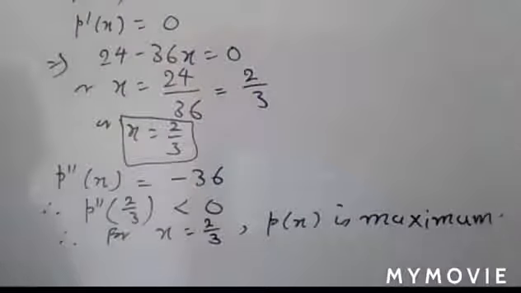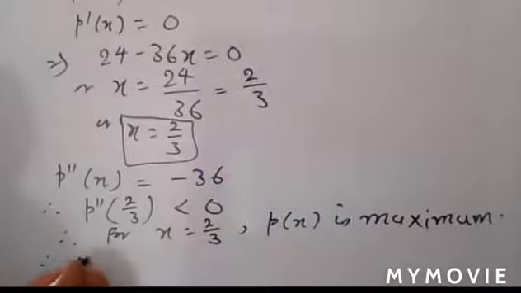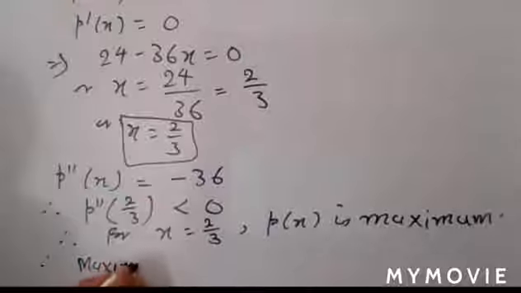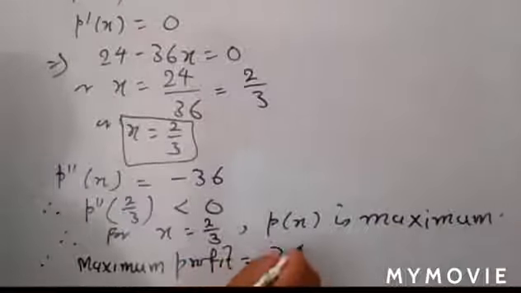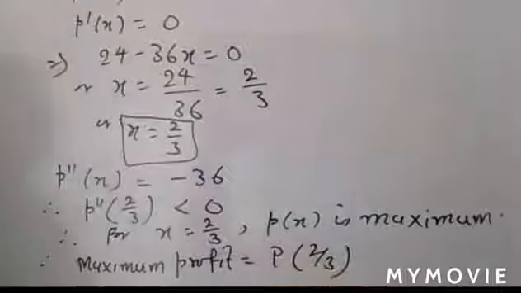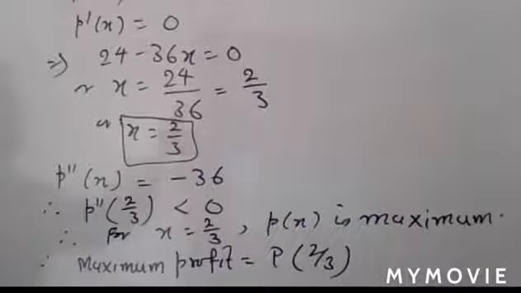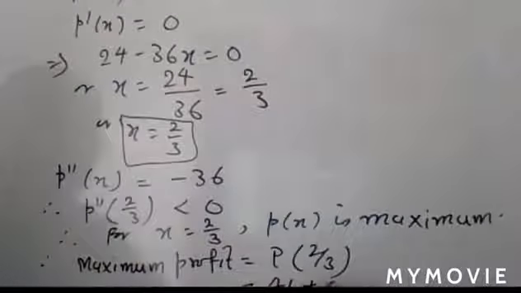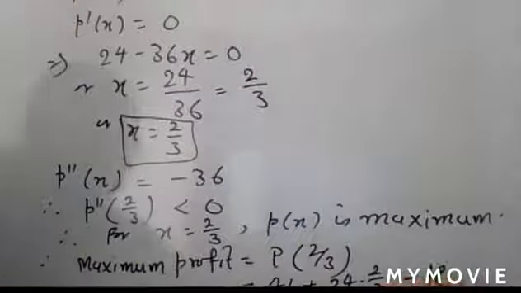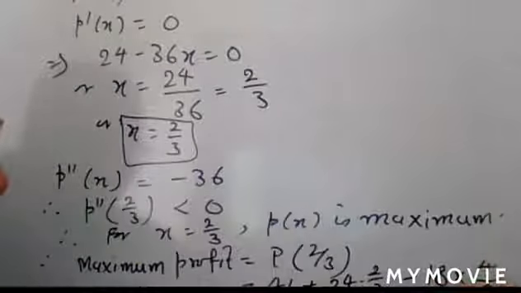Now you have to find the maximum profit also. So you can write in this way, hence maximum profit is equal to P of 2 by 3. Understand? Now putting x is equal to 2 by 3 in the given profit function. So here you have 41 plus 24 into 2 by 3 minus 18 into 4 upon 9.